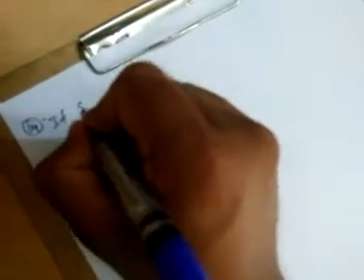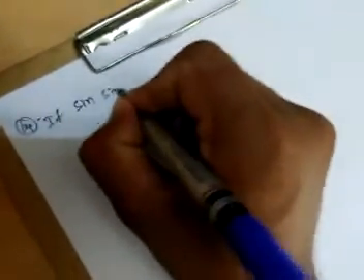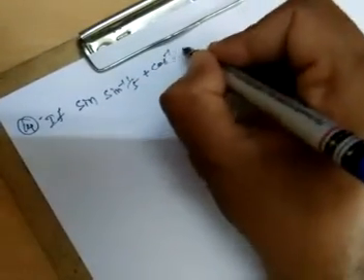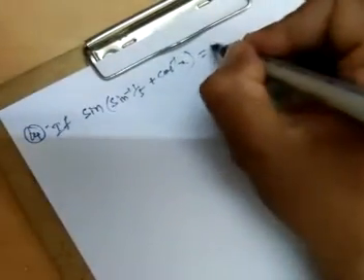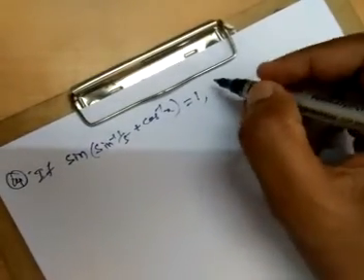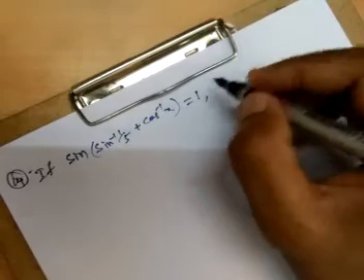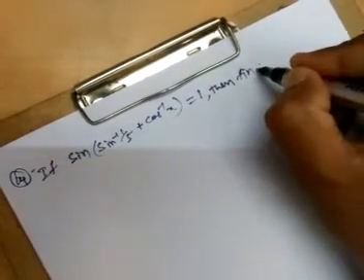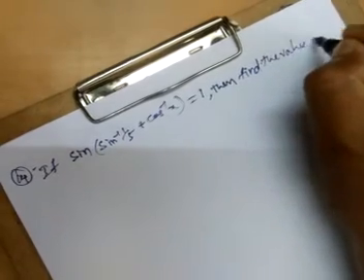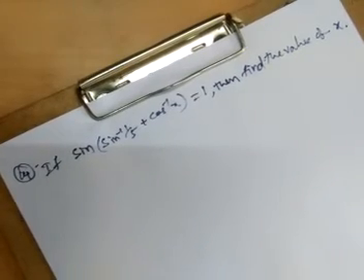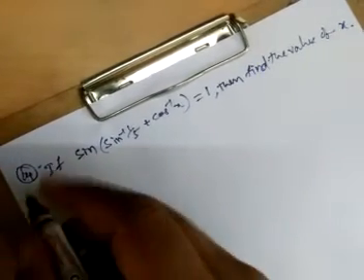If sine inverse of 1 by 5 plus cos inverse of x equals 1, then find the value of x. So our aim here is to find the value of x.